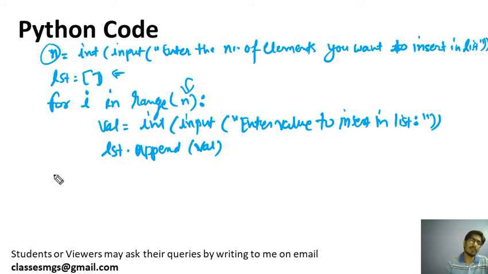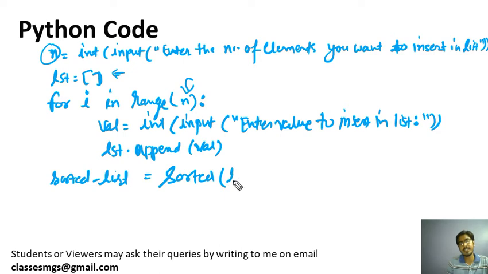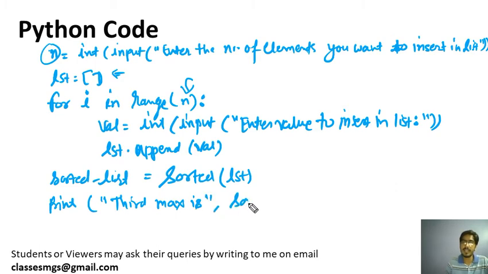Okay, now we will sort this list. Let's suppose I have created a sorted_list variable, and I will call the sorted method and pass this list, and it will return this sorted list in ascending order. Now print the third maximum. Third maximum is what? Sorted list.